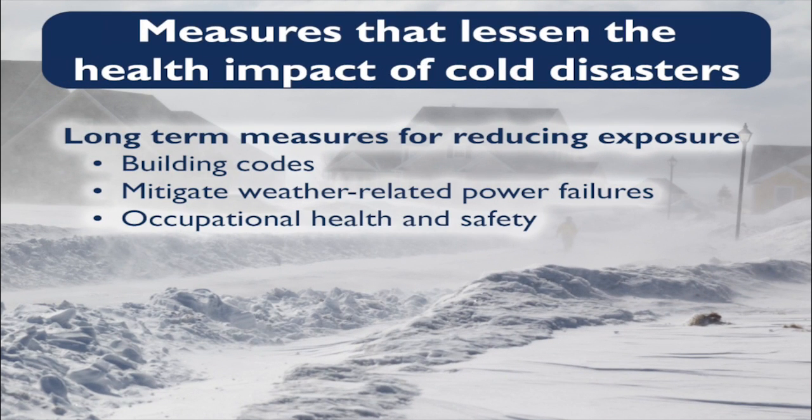And then in addition, there is this long-term exposure issue I want to talk to you about, because building codes and mitigating weather-related power failures are very important. So the way we choose to run power to the homes, the way we provide this power in areas of temperate climates where there is the possibility to lose your heat, we have to think in terms of ways we can sustain that over time. Now, that's not something we can solve this season or solve today, in one or two days or even a few months.